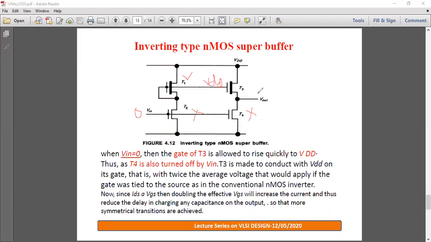Since T3 is on, Vout will be shorted to VDD. So we'll get Vout as logic 1. But since we have higher gate voltage at T3, we'll have more current. So hence the increase in current will reduce the delay in charging the capacitance at output node.